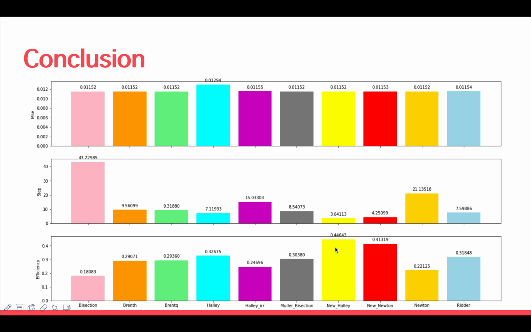Here the biggest one is the new Halley method, the second is the new Newton, and the smallest one is the bisection method. Yeah, so that is the result of comparing these 10 methods for calculating implied volatility.